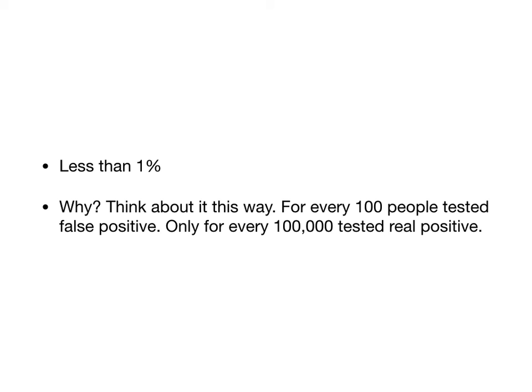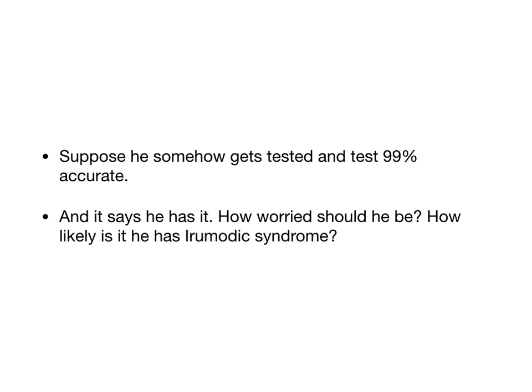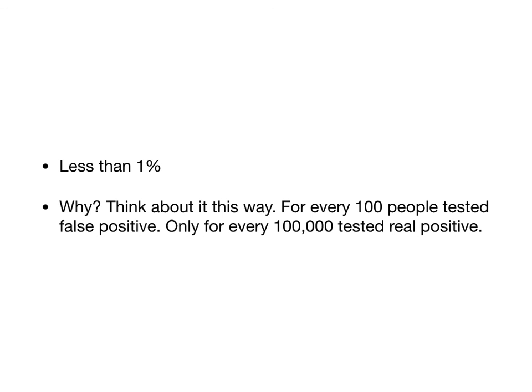So 1,000 false positives, more or less, and one legitimate person who has the disease. Which group is our worried friend in? We don't know for sure, but he's probably in the group of 1,000 false positives and not in the tiny, tiny group of the one guy who legitimately has the disease.